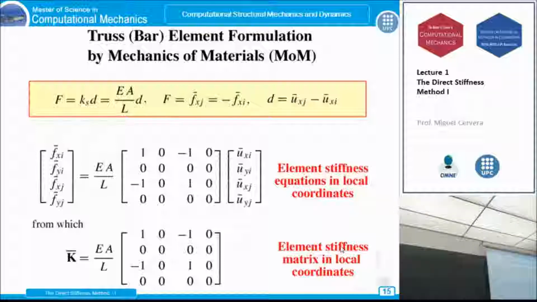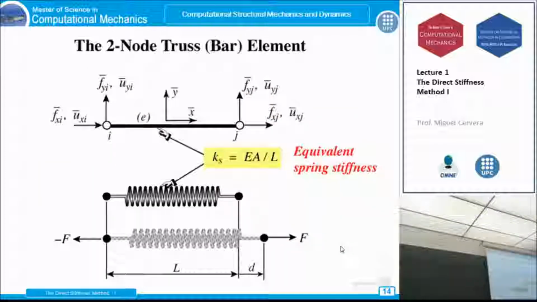But the elongation we can define as the horizontal displacement of the node at the right minus the displacement of the node at the left, because we are not considering cracks. That's compatibility. And by pure identification, we can identify F with Fxj, and we can identify minus F with Fxi.